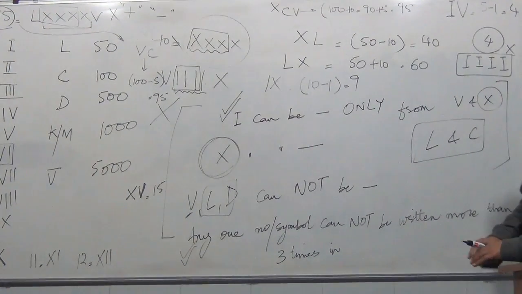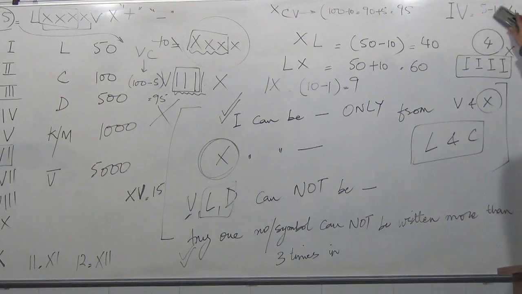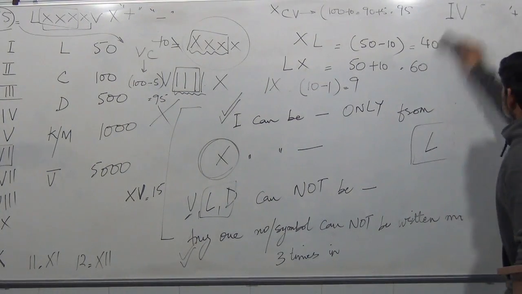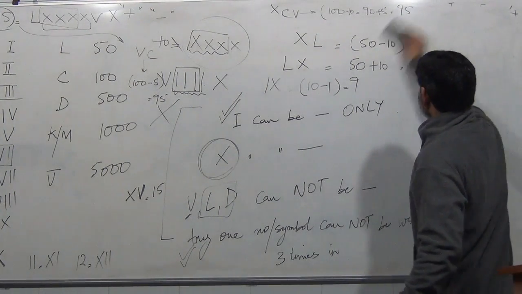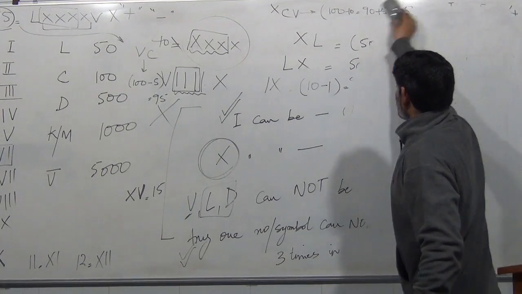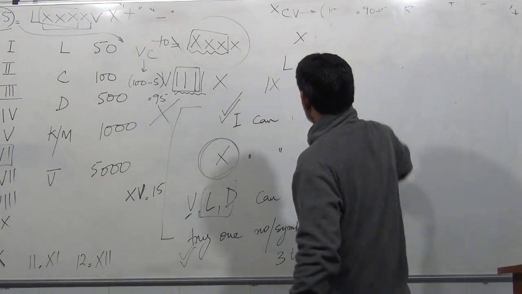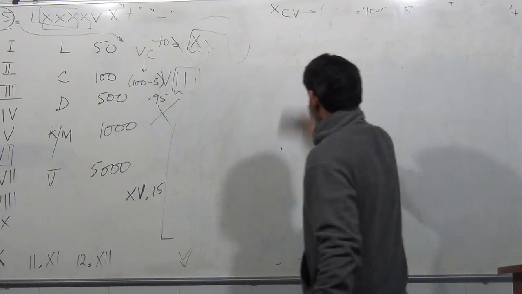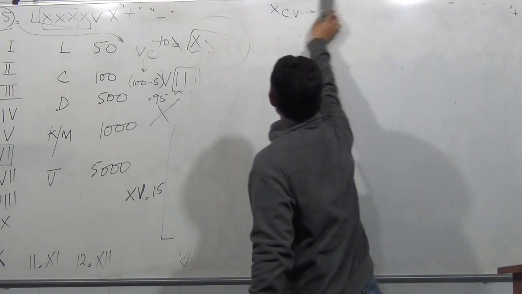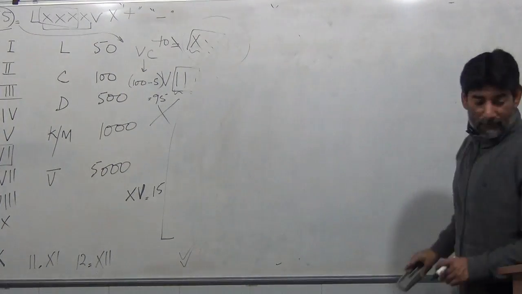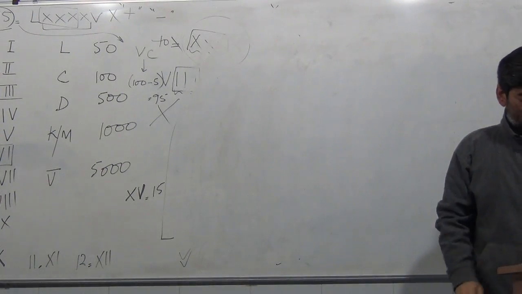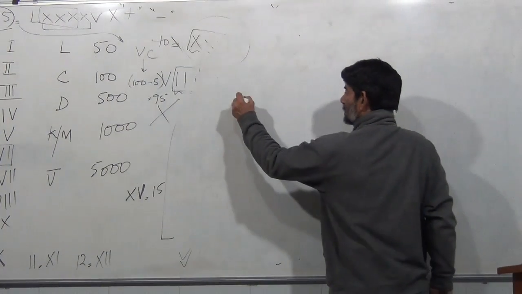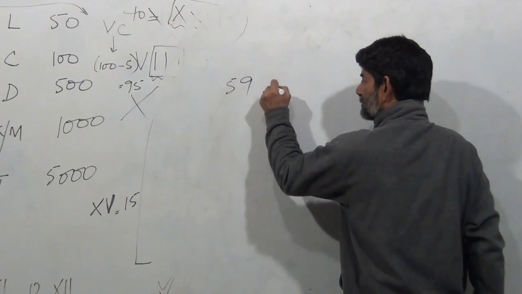Now, I think there's no space left on the board. Let me clear out some space and look at some numbers and change them back into the Indian system, the numeral system that we are following. Let's take, for example, the number 59.